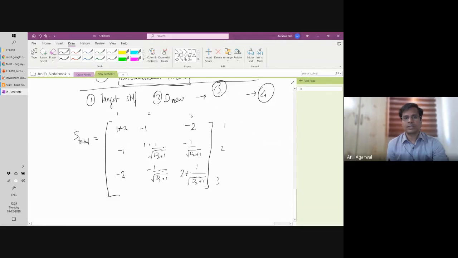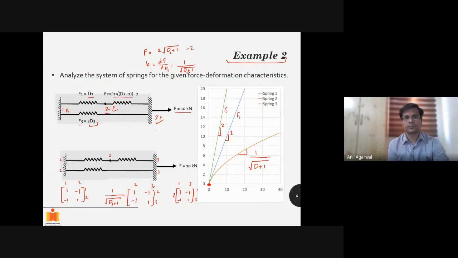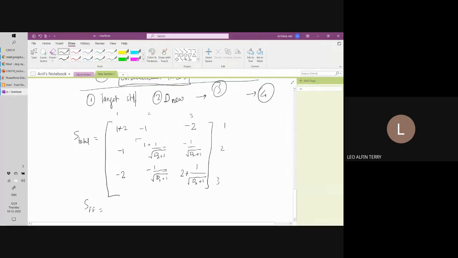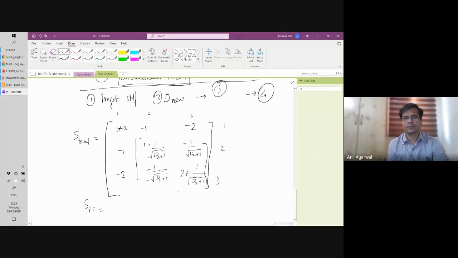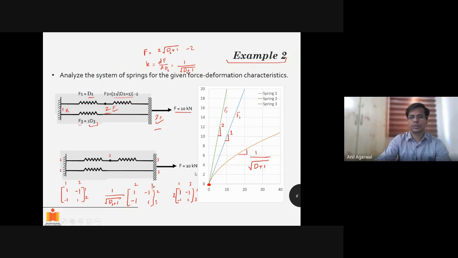Fine. So what is SFF now? What are the free degrees of freedom? 2 and 3, right? So this is my SFF: 1 plus this term, minus this term, minus this term, 2 plus this term, correct?